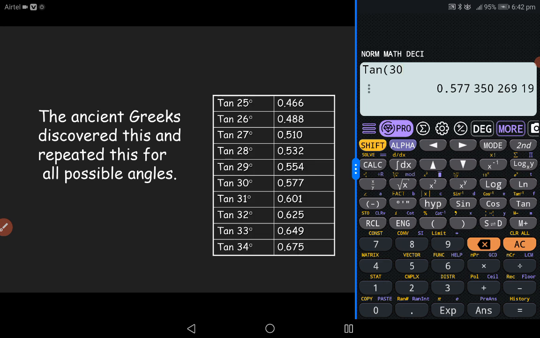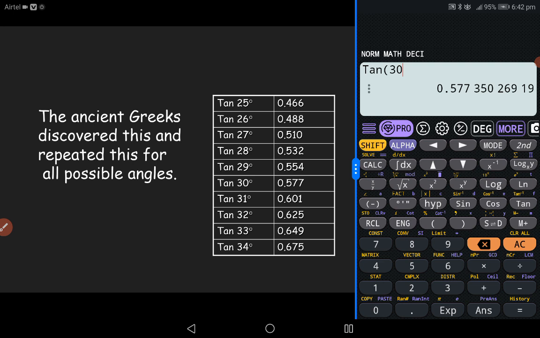For example, they chose 25 degrees, 26, 27. They found that there's a trend. The trend is that the values are increasing in increasing order like that.